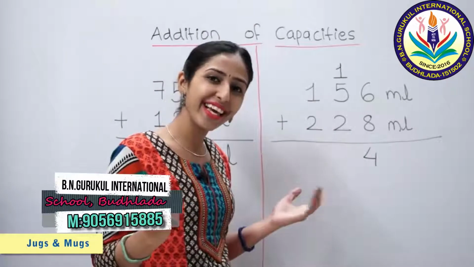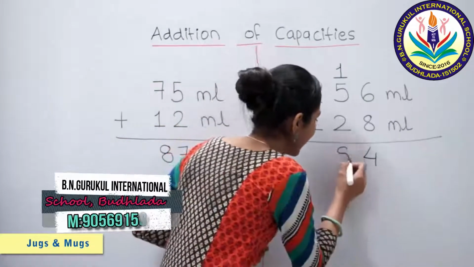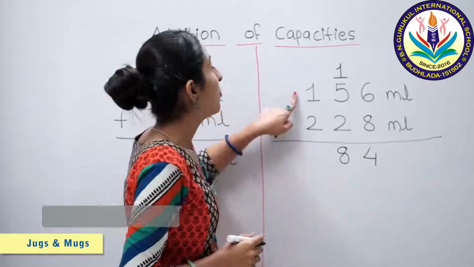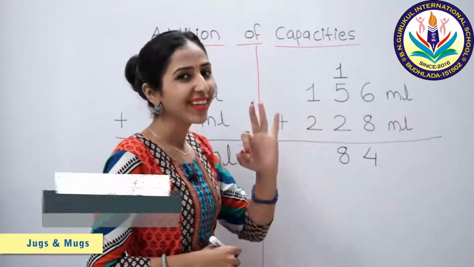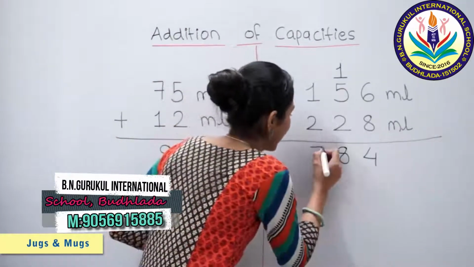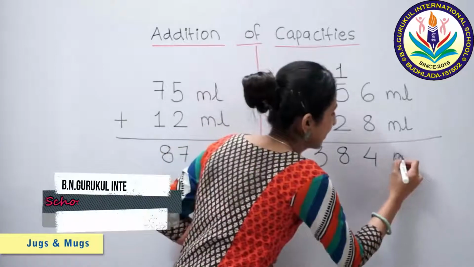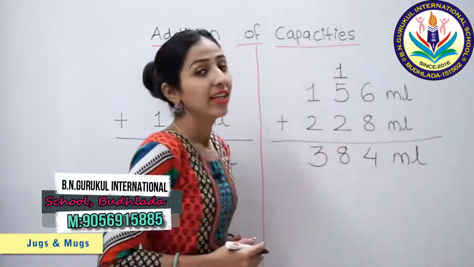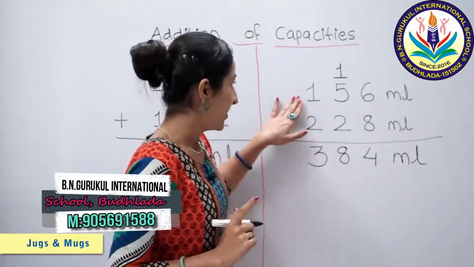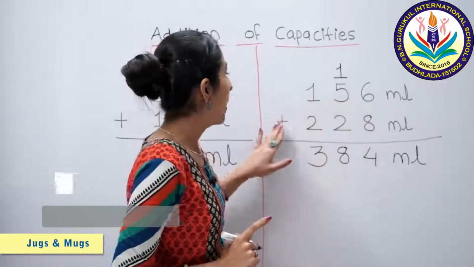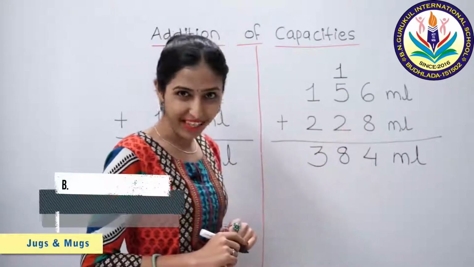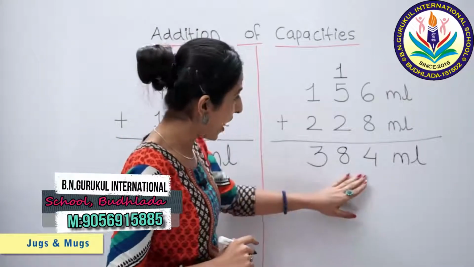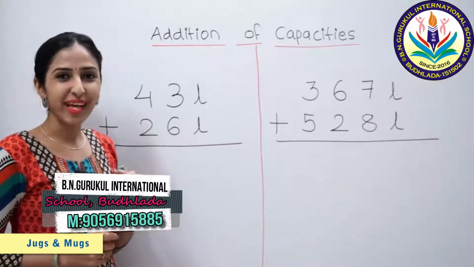So let's write 8. 1 plus 2 is equal to 3. So, 156 ml plus 228 ml is equal to 384 ml.